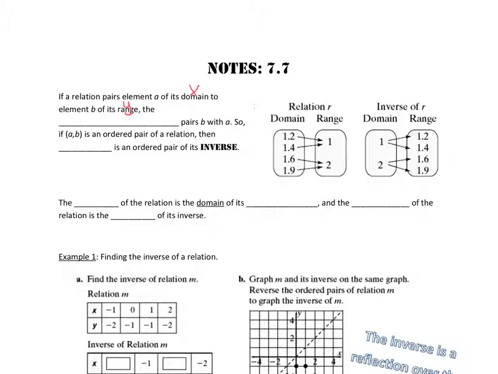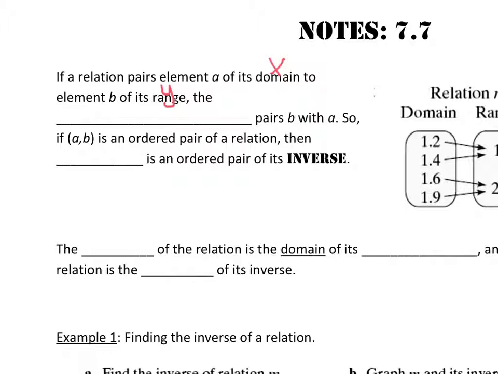Instead of A with B, it's B with A. So if AB is an ordered pair of the original relation, then BA is an ordered pair of its inverse.